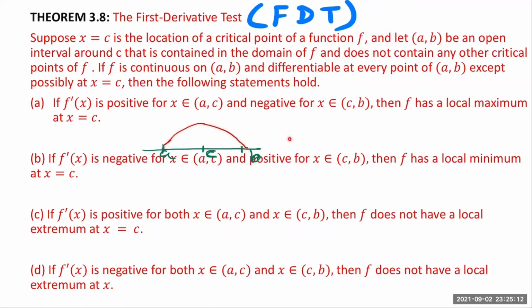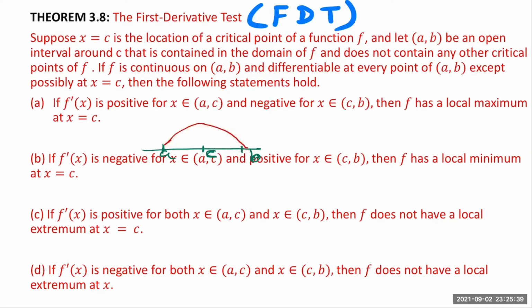Because I told you in the previous section, if you have a shape like this or like this, it is the shape of a local maximum. What do you need to have in order to have a local maximum in this case? Your f prime of x has to be positive in the left interval, and it is negative on the other interval. In that case, that will produce a local maximum.